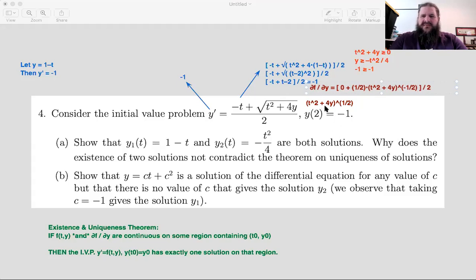Right, we just have an extra 4 from the derivative. So this whole piece gets multiplied by 4. I'm going to put that in the numerator of this fraction. We'll call that 4 over 2. So 4 over 2 times t squared plus 4y to the negative 1/2, all divided by 2. Any questions on applying the chain rule there so far?